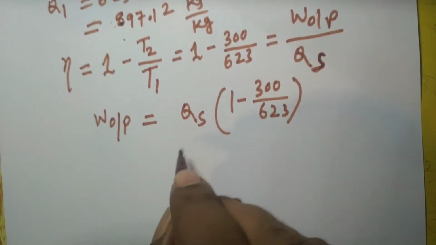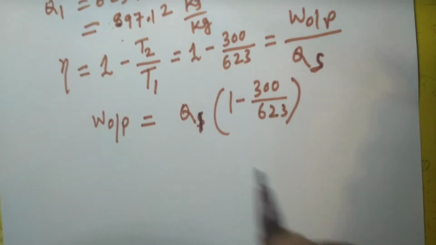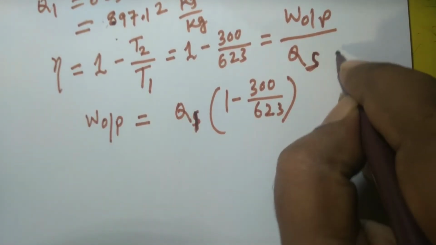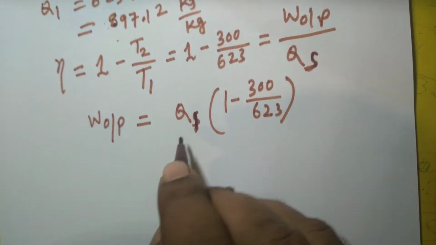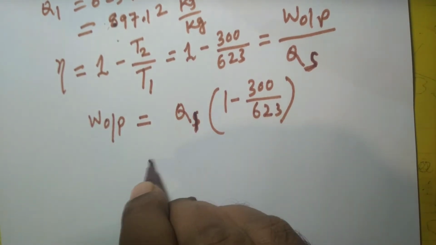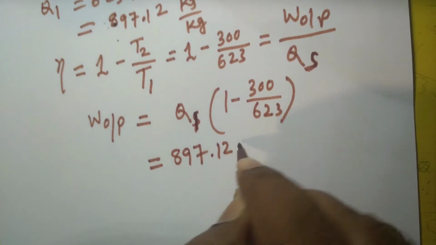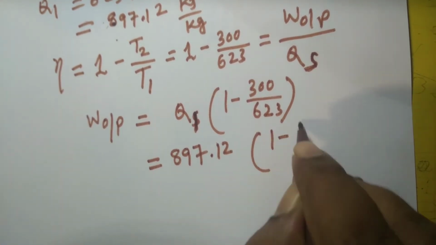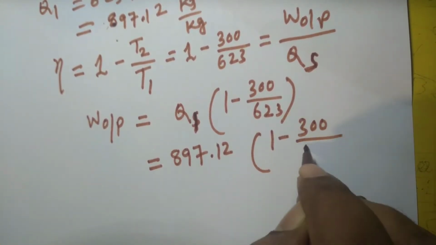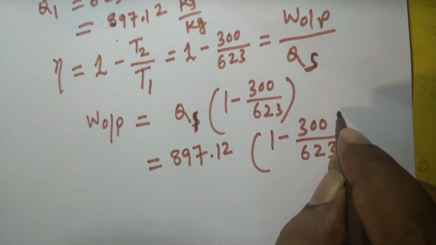So from this equation, work output will be nothing but Qs multiplied by 1 minus 300 divided by 623. Qs is nothing but here Q1. Heat supplied is same as Q1. So this is equal to Q1 we have already calculated, 897.12, 1 minus 300 by 623.